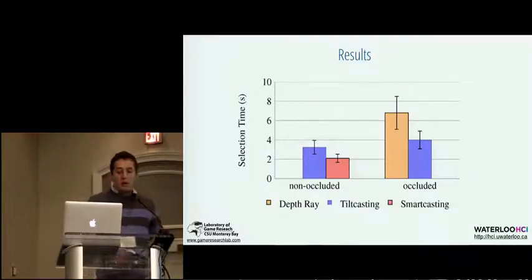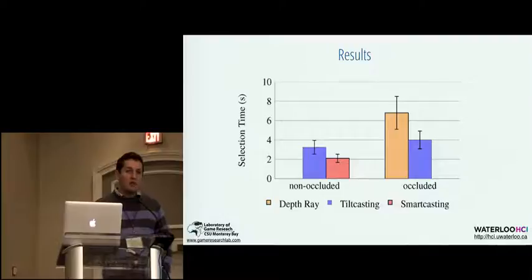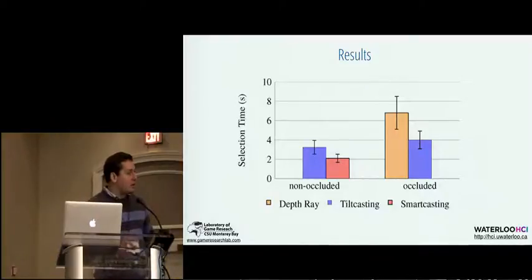So the results were quite positive. What we found was that smart casting, that is an implementation of raycasting on a smartphone, performed similarly to tiltcasting. Even though qualitatively we can see that tiltcasting was a little bit slower, I changed the name from planecasting to tiltcasting recently, so I get confused. So tiltcasting was a little bit slower, but not significantly slower, on the selection of non-occluded objects.